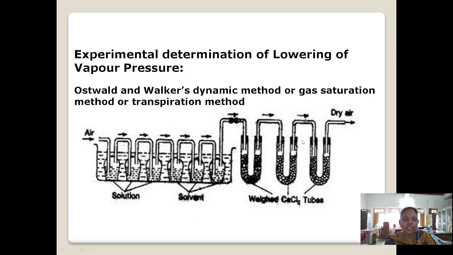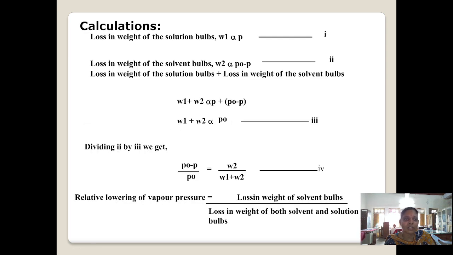So for all the 6 bulbs for the solution and solvent, and also the U-shaped tubes with the reagent, we should take the weight prior to the experiment.